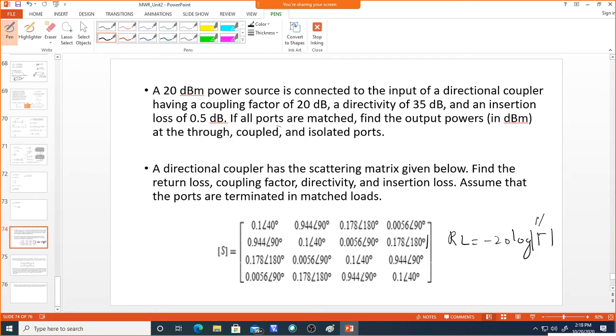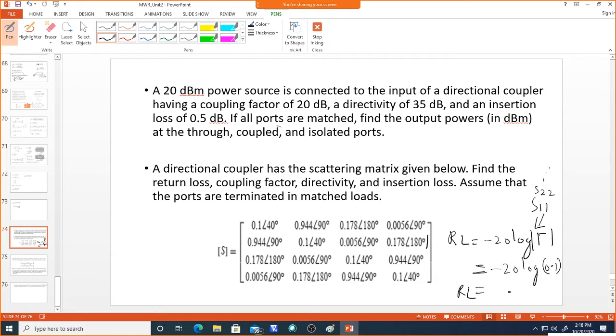You can take any port, whether the first, second, third or fourth port, and the corresponding return loss will come for that port. So the return loss is minus 20 log of gamma, which is 0.1. This is S11 at port 1 or S22 at port 2 and so on. Now, what is the value of the return loss?